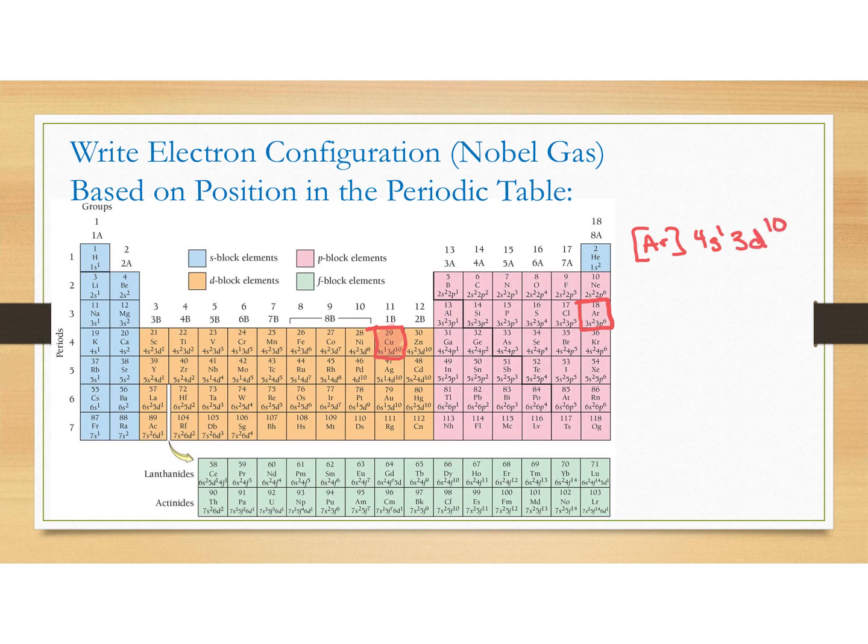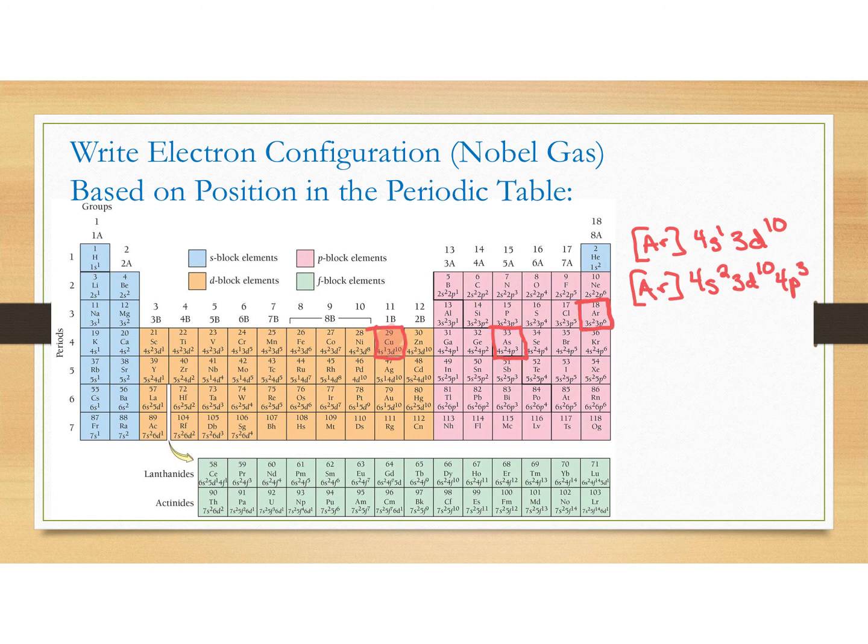I could also say we pick another one. For example, let's say I picked arsenic. If I picked arsenic, I would have Ar being my noble gas, those first 18 electrons, 4s2, 3d10, 4p3.